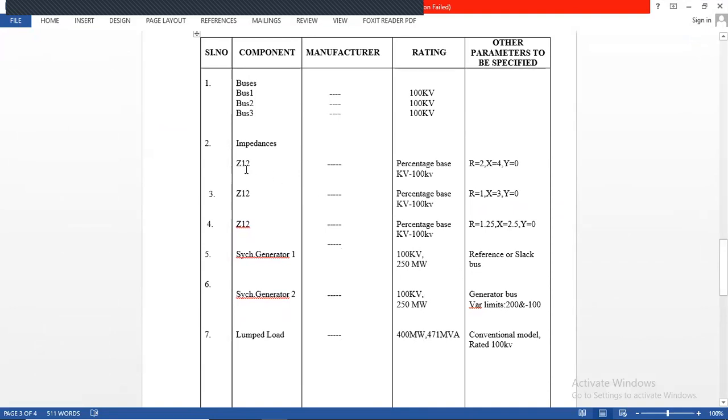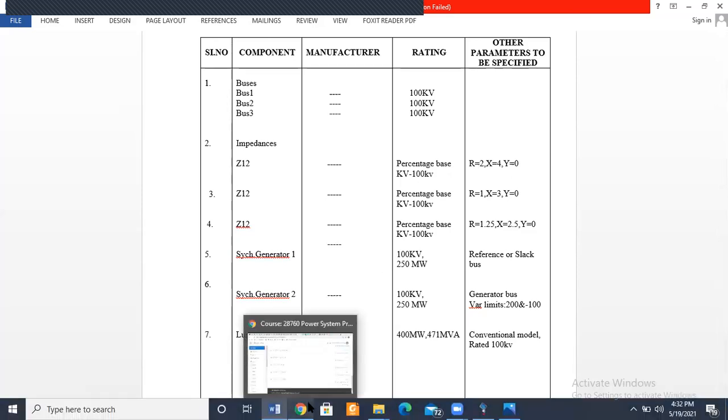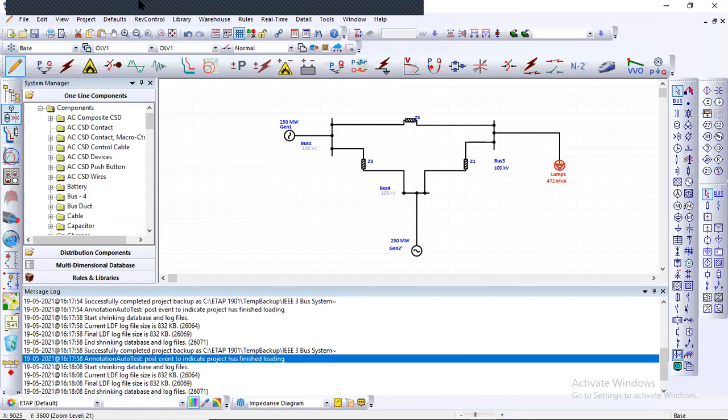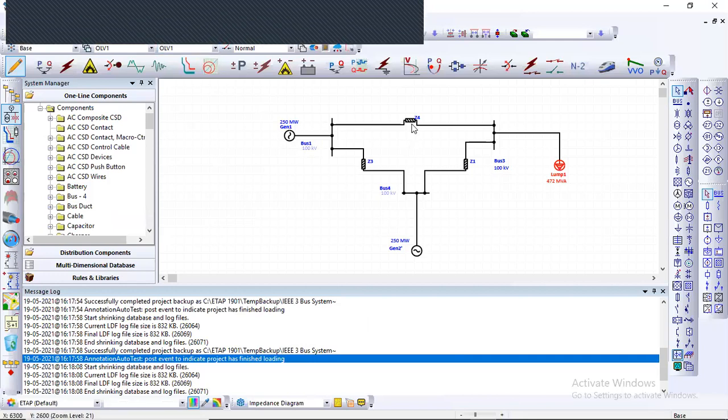From impedance 1 to 2, we need to place the rating in kV, and resistance, admittance, and susceptance we need to place there. So moving towards the further ratings of impedance, which we also need to place.